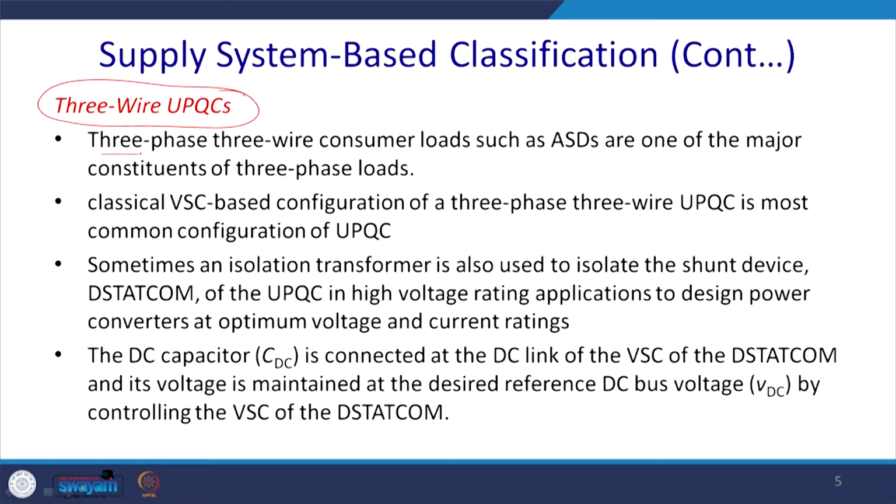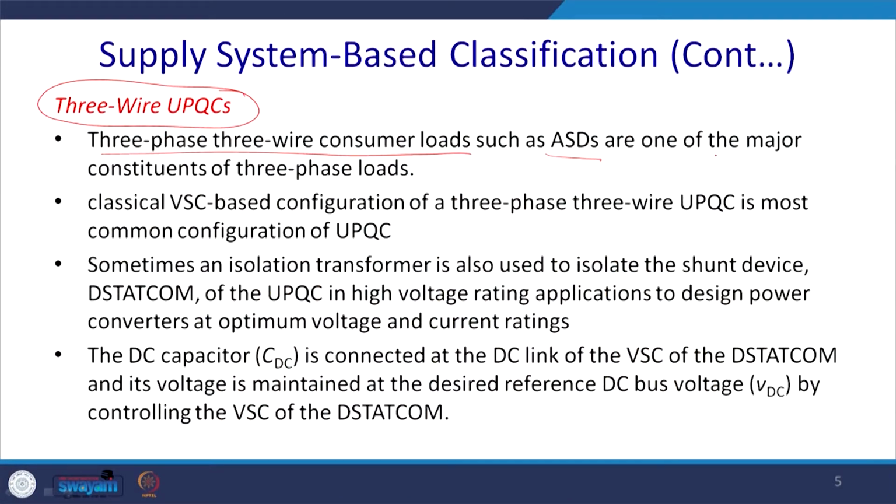The 3 phase 3 wire consumer loads such as adjustable speed drives, for example in malls, where you have multiple lifts operating, or big buildings, are one of the major constituents of the 3 phase loads. The classical VSC based configuration of the 3 phase 3 wire UPQC is the most common configuration of the UPQC.